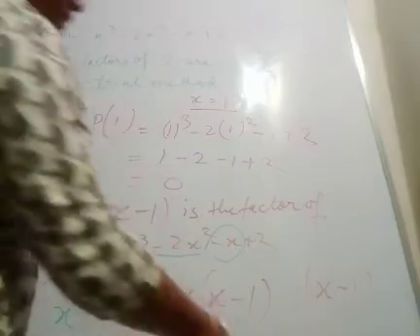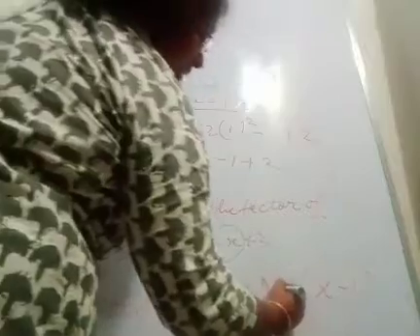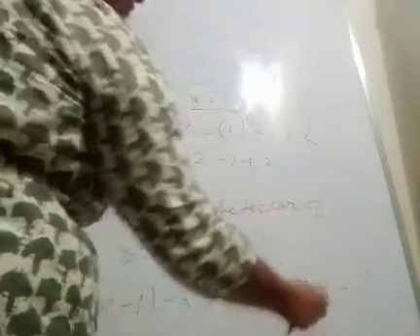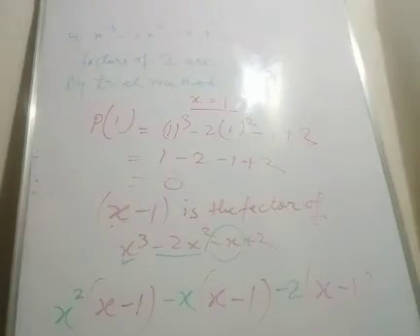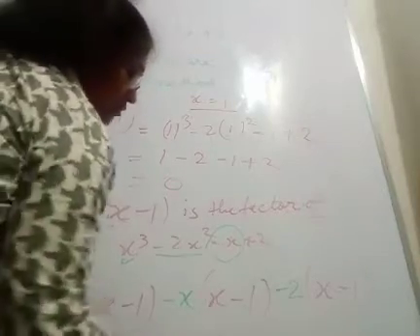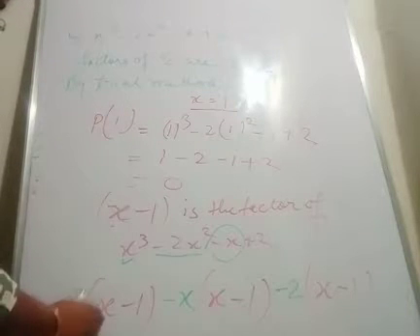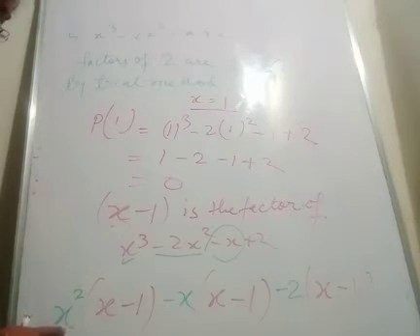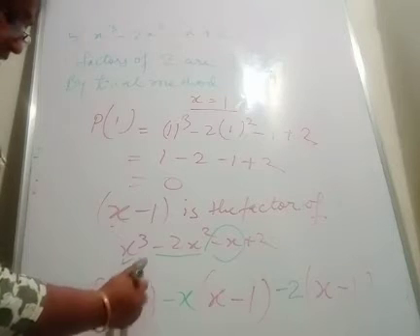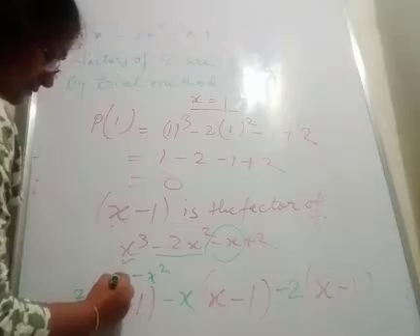So what must be multiplied with x to get minus 2x? Naturally minus 2 is multiplied with x to get minus 2x. Now you see it satisfies the whole system. If I multiply x square with x, it will become x cube. If I multiply x square with minus 1, it will become minus x square.